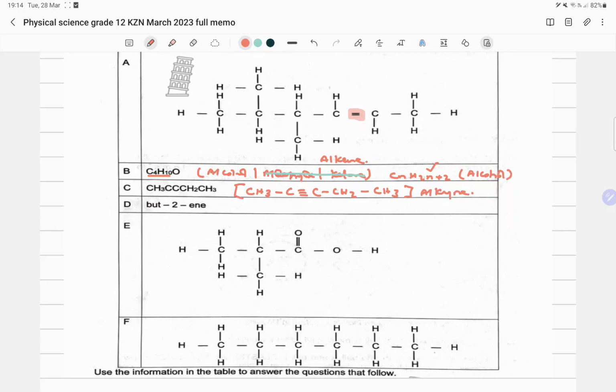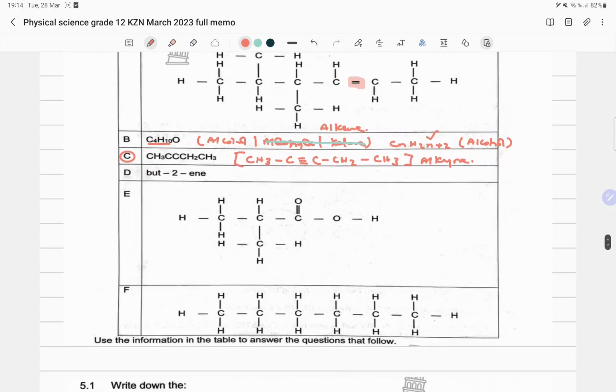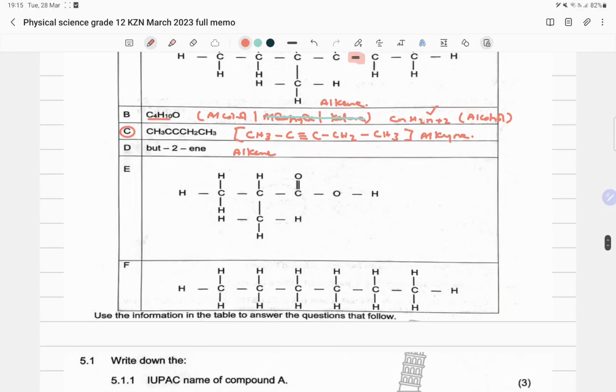So when you see something strange, you always want to interrogate it. What is it? Okay. Now, but-2-ene, it's actually but-2-ene. So we know that that's an alkene with the double bond in the second carbon. Now when you see this here, that already tells you we're looking at a carboxylic acid.